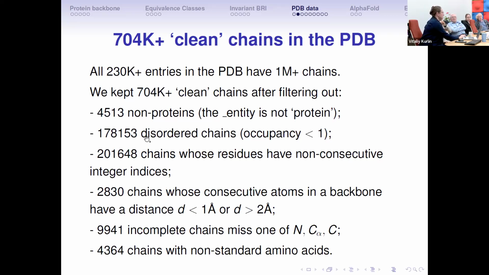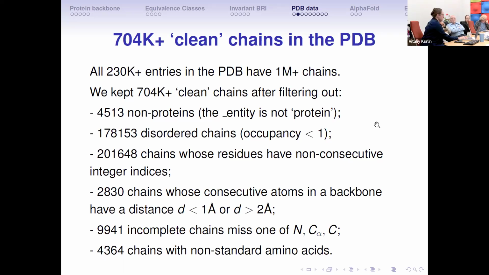Also, we excluded so far disorderly chains with varied occupancy. We can deal with that later. And we also removed non-proteins to have the cleanest possible database to start with. So by this filtering, we were left with 700K clean chains.